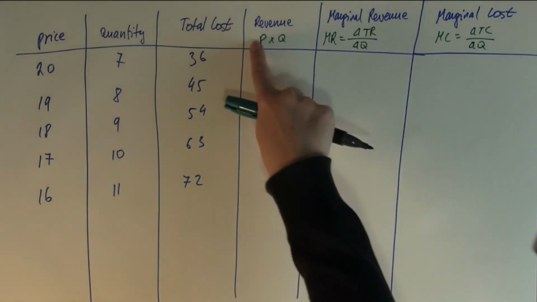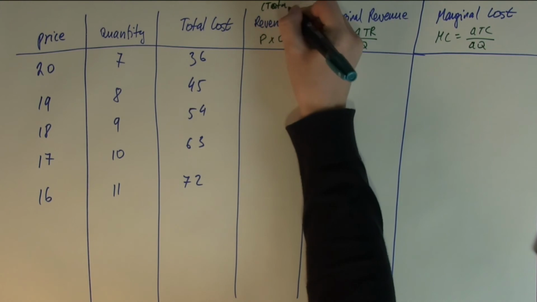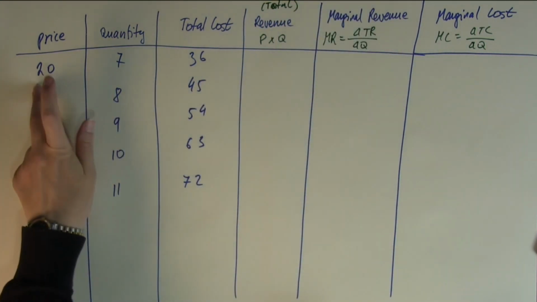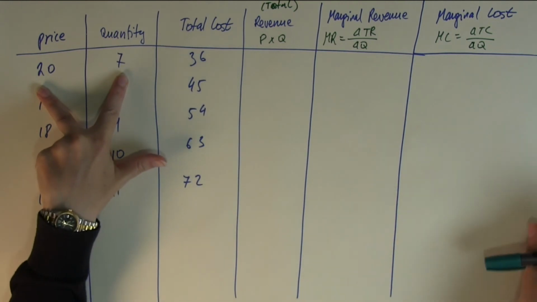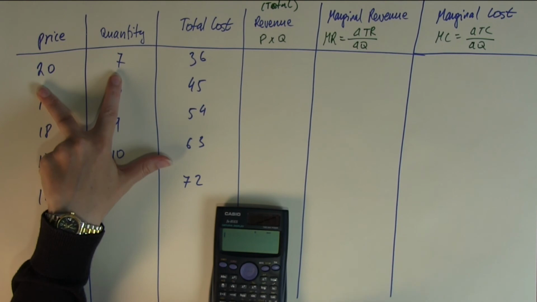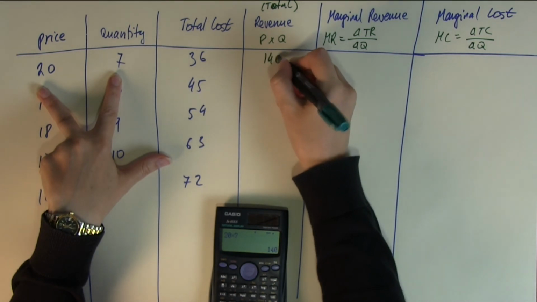So, the revenue, or total revenue, is always price times quantity. Now, we've got the price, we've got the quantity, now we just need to calculate the price times quantity. So, 20 times 7. So, the total revenue here would be 140.